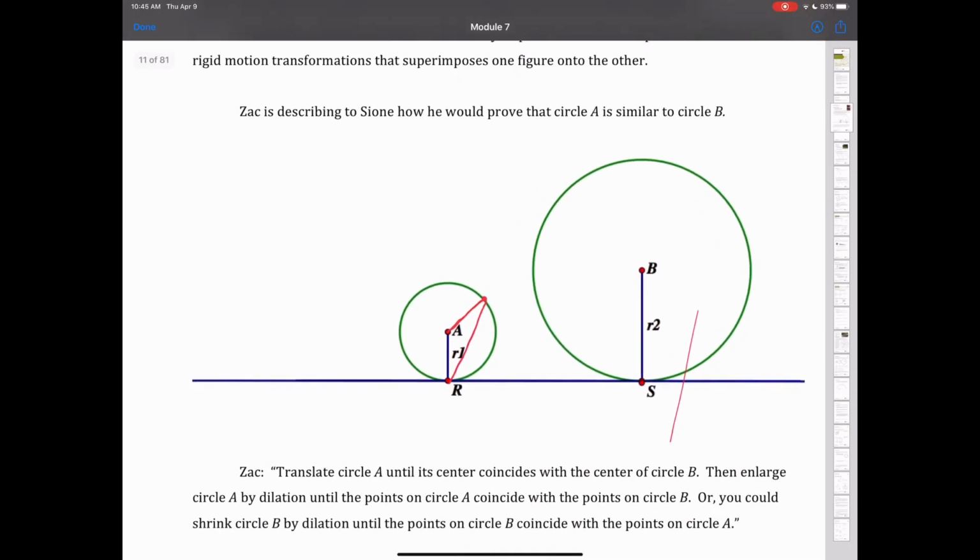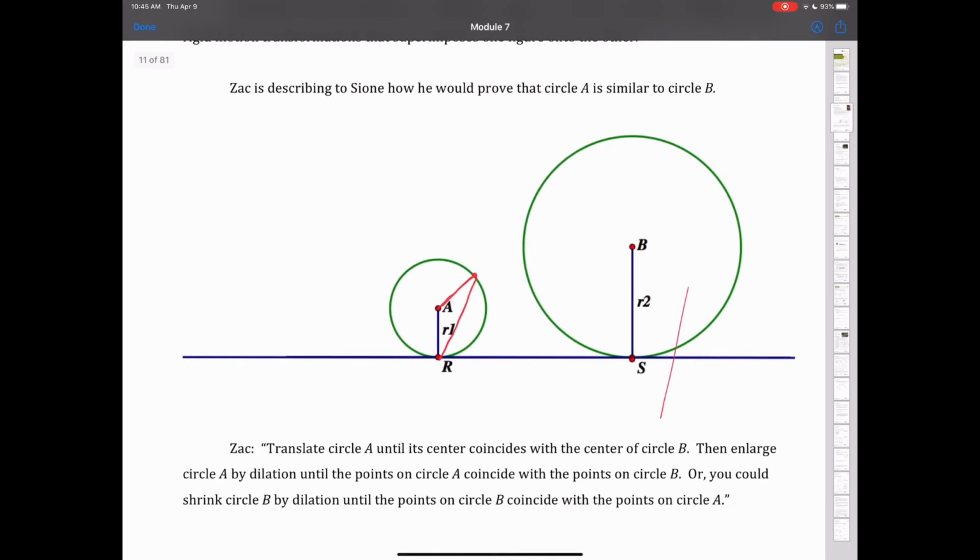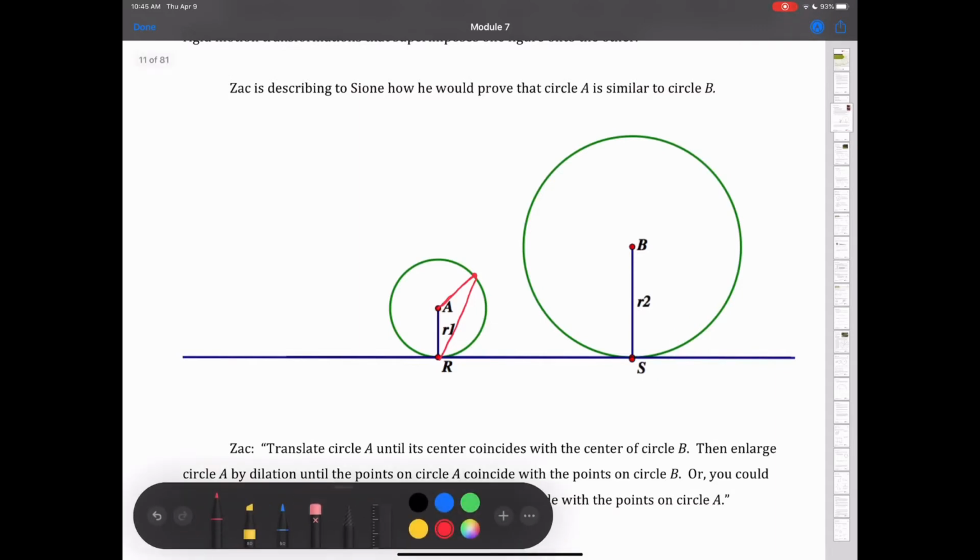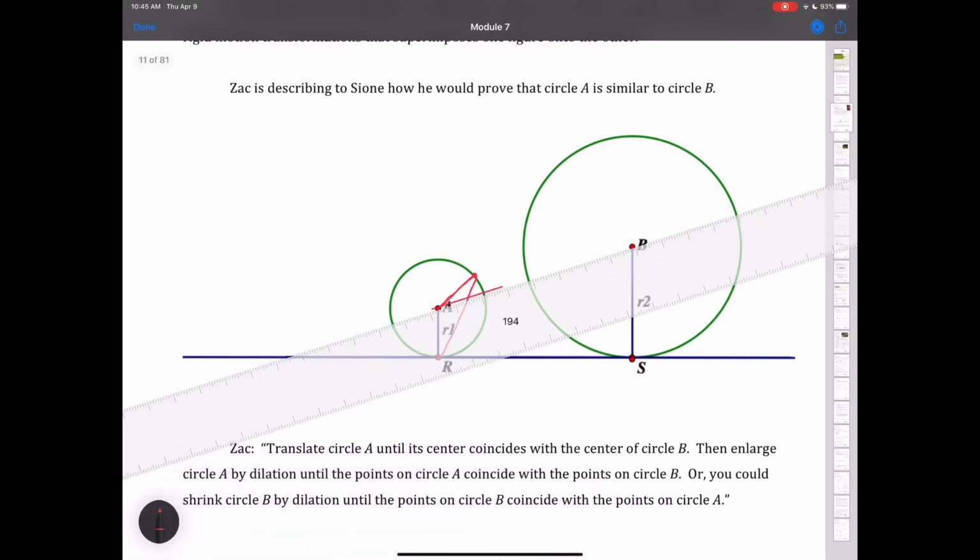And so what I need to do here actually is, in order to make them perfectly similar, I need to actually use what I know about these circles, that they are similar. Okay, so I'm going to redraw this point AB. Okay.